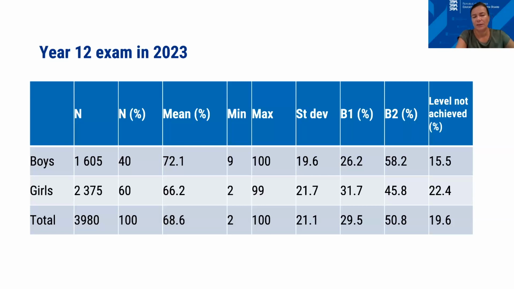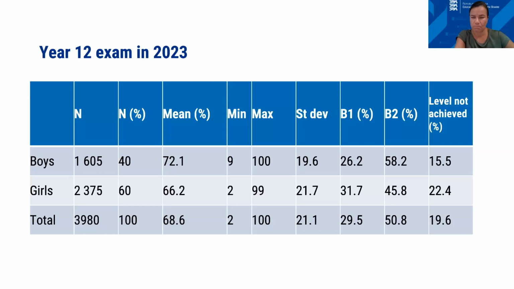So the mean score for boys was 72, and for girls it was around 66. Okay, so here in the statistics, you can also see that 26% of the boys got B1 level, 58 B2, and the number was a bit lower with girls for B2 then.